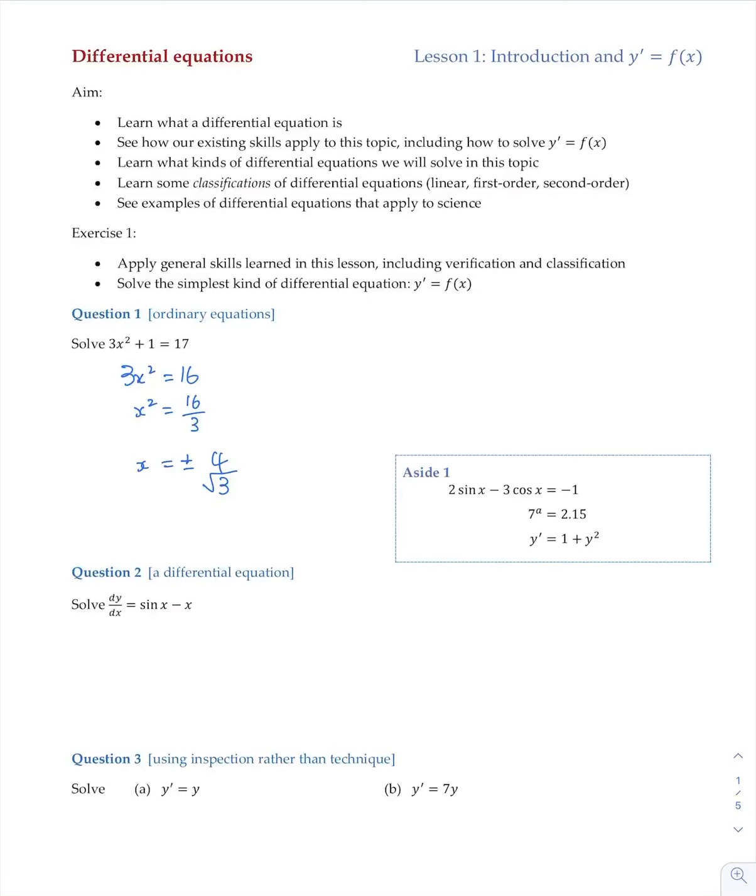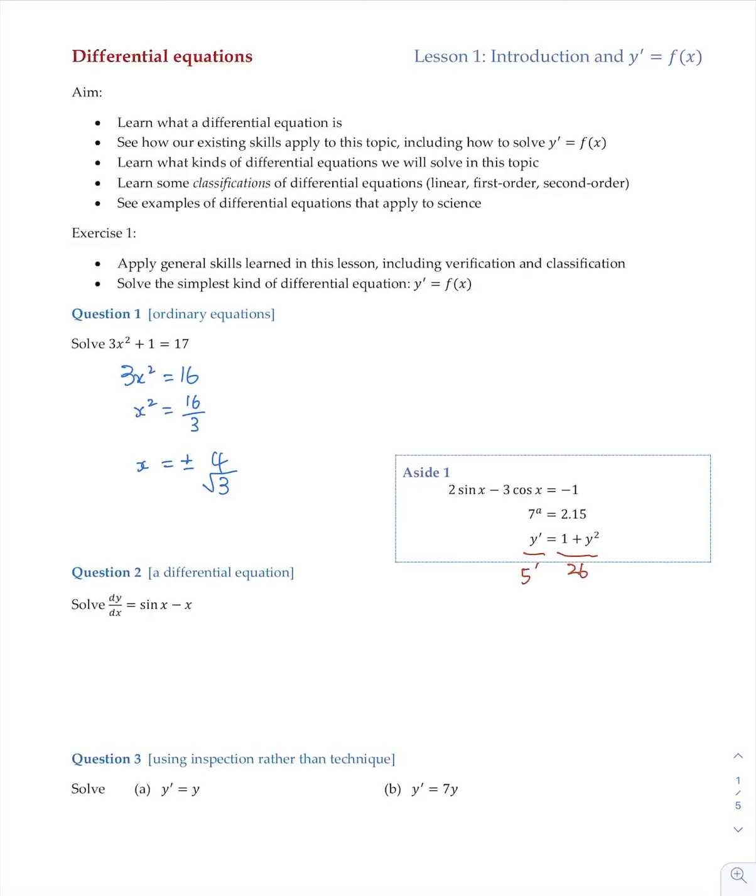What we can see here is that y cannot be a number in this equation. If y was equal to 5, say, then on the right-hand side you'd have 26, and on the left-hand side you'd have 5 dash. But the problem is 5 dash doesn't mean anything.